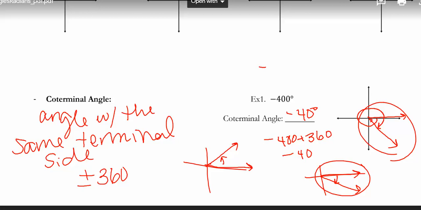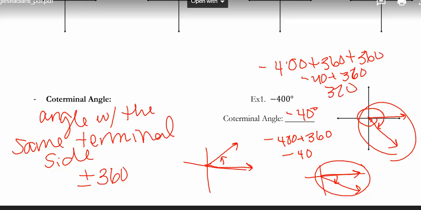I could also do negative 400 plus 360 plus 360. That's negative 40 plus 360, so that's 320. If I graph 320 degrees, that's just before 360, which sure enough matches this, which matches that. That's what a coterminal angle means.